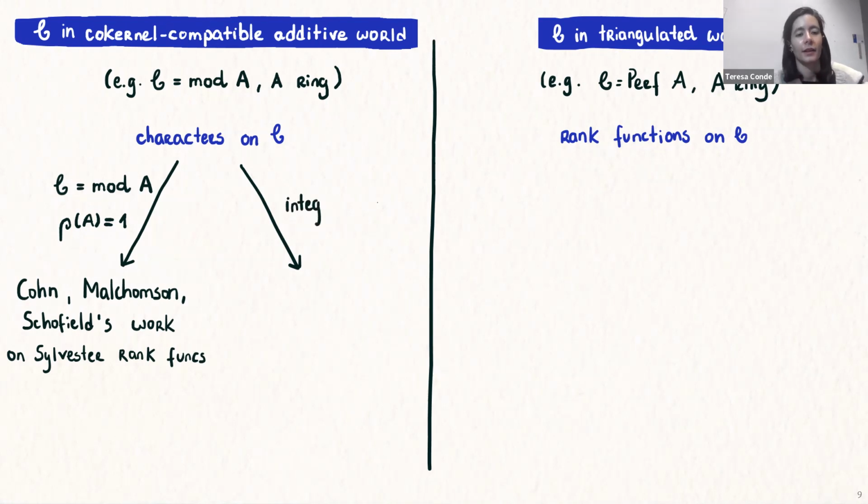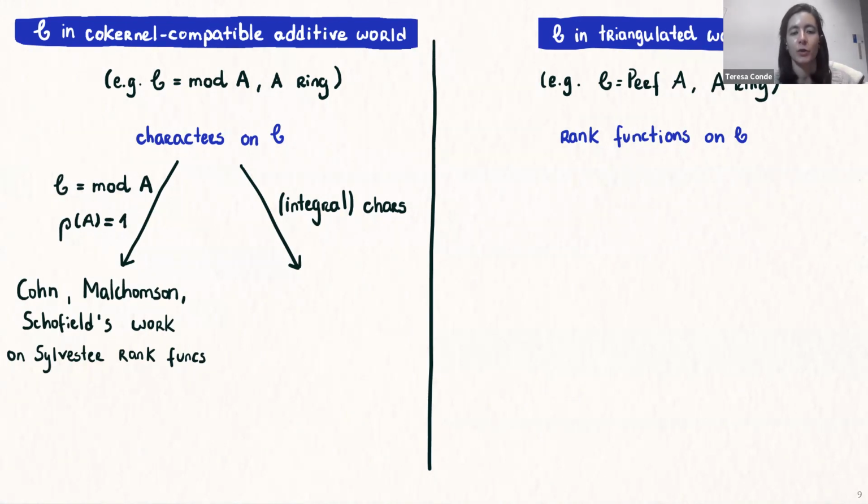Now, before, when we defined the character, we have only defined them for rings, for categories of the type small mod A, but the definition makes sense more generally.